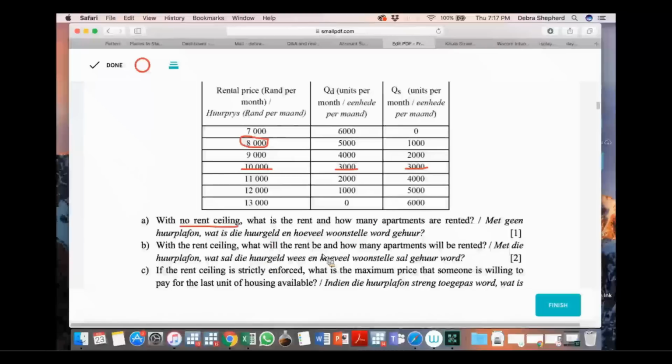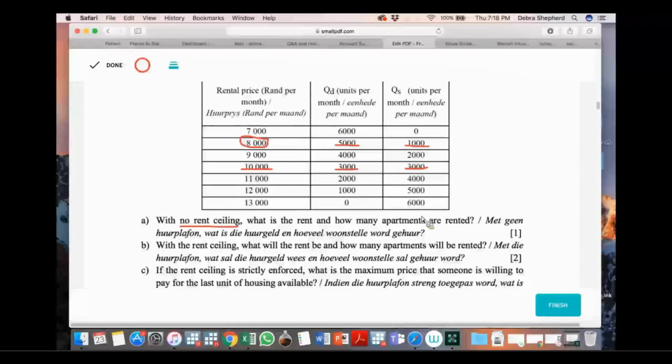So this is kind of a free mark. Basically, we are just asking you to repeat what we've told you. So with the rent ceiling, the rent will be 8,000 Rand a month. How many apartments will be rented? So if the rent is 8,000 Rand a month, 5,000 units will be demanded, but only 1,000 units are going to be supplied.